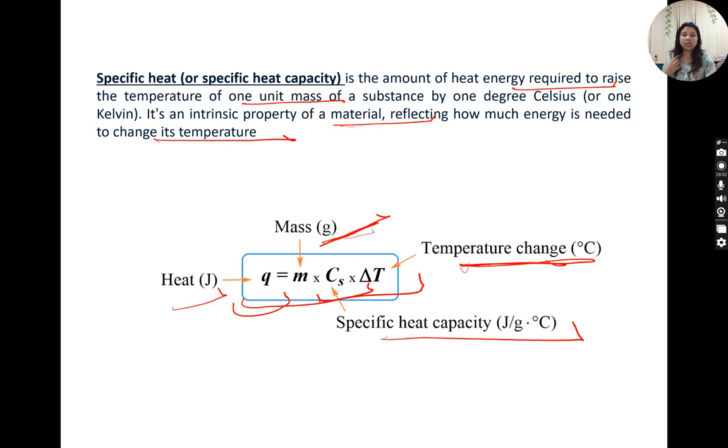The unit for specific heat capacity is joule per gram per degree centigrade, which says how much heat is required to raise the temperature of 1 unit mass by 1 degree Celsius. So it's in the unit itself, the definition of specific heat.